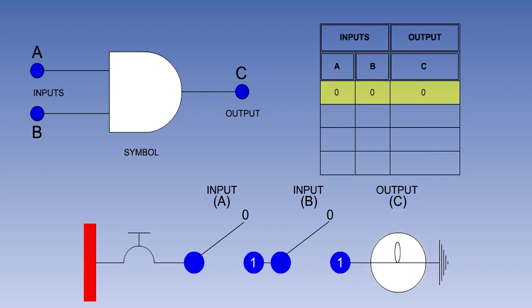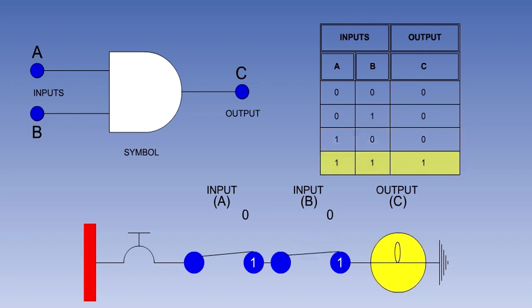If both switches are open, the light will be out, indicating an output of 0. If switch B is closed with switch A open, the output will still be 0. Similarly, if switch A is closed with switch B open, the output will be 0.